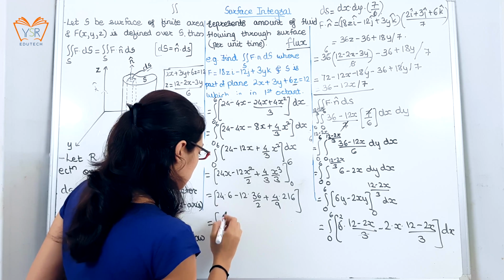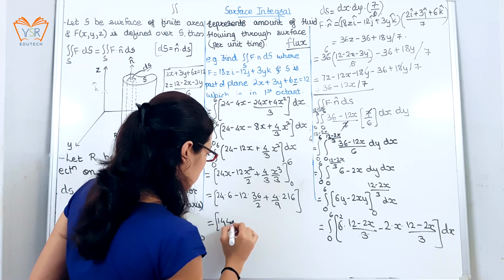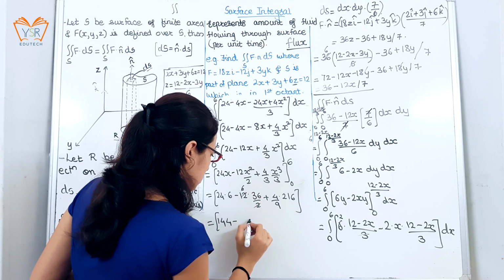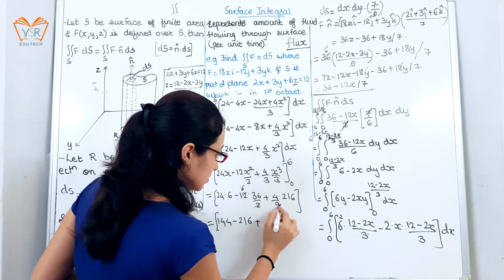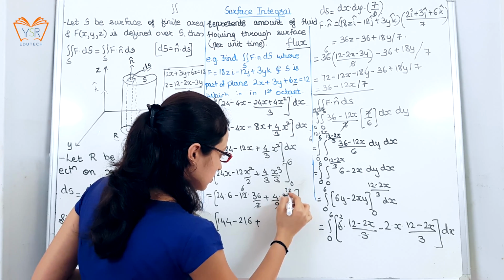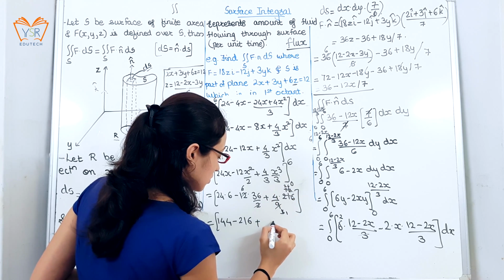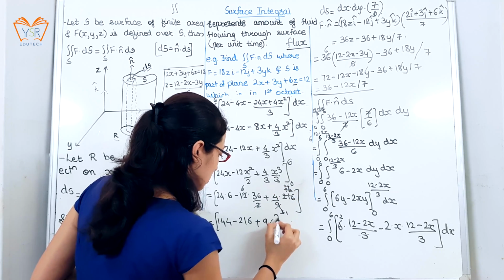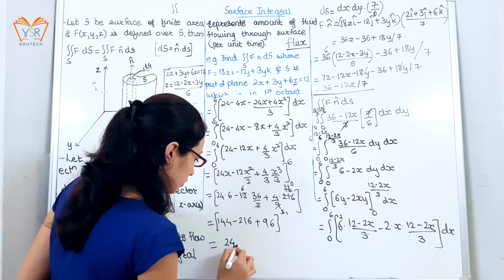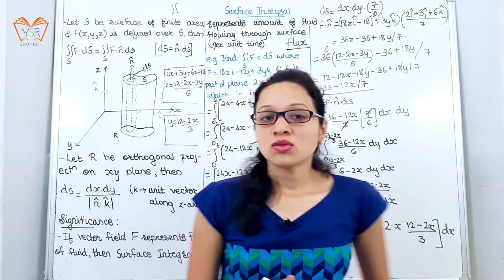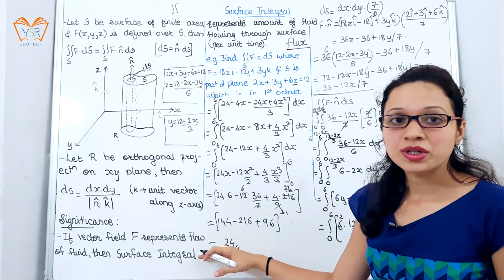So now this is 144 minus 216 plus 96. And if we solve this, the value will be 24. So the answer of this surface integral is 24.